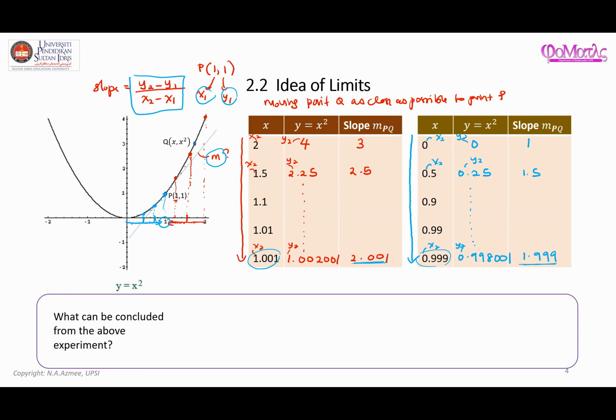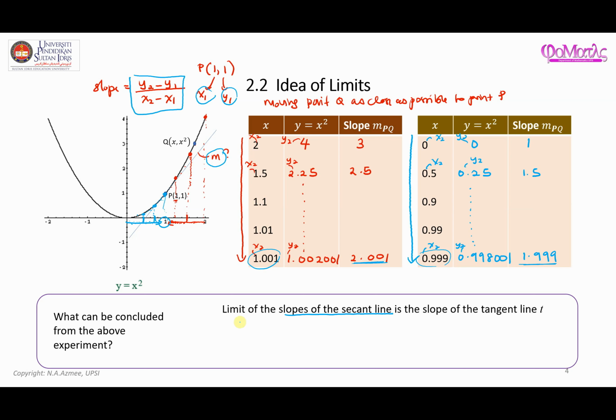So what can be concluded from the above experiment is that, first, the limit of the slopes of the secant line is the slope of the tangent line T. What we did just now is that we keep on computing the slopes of the secant line. So these are all slopes of the secant line.